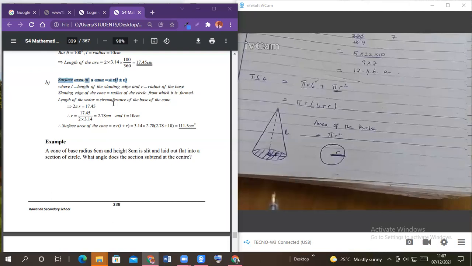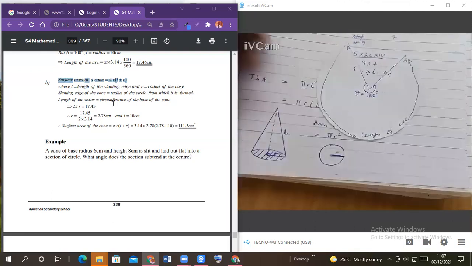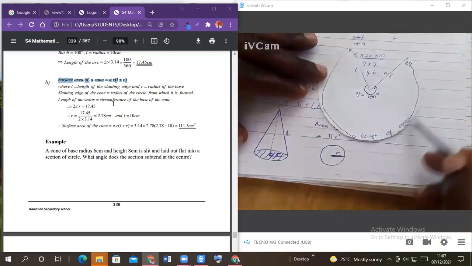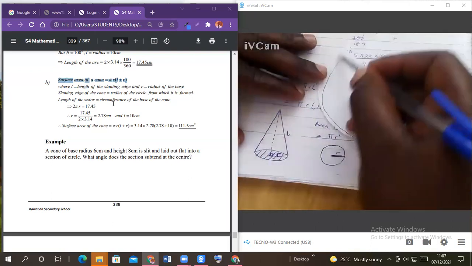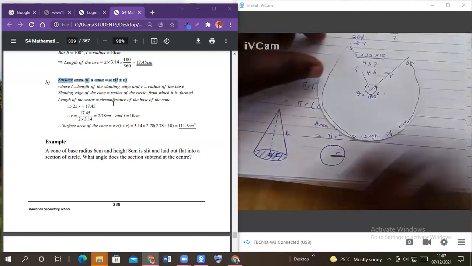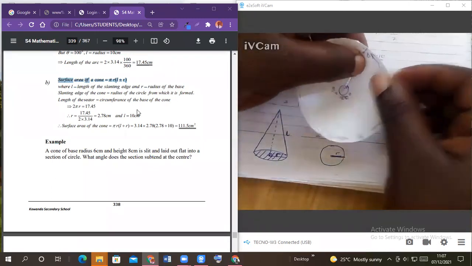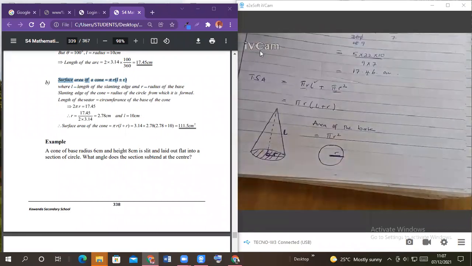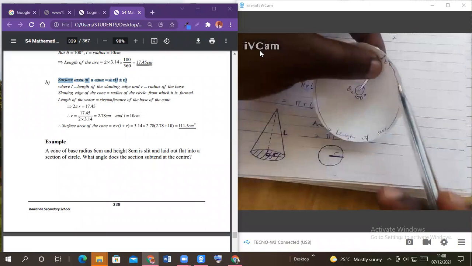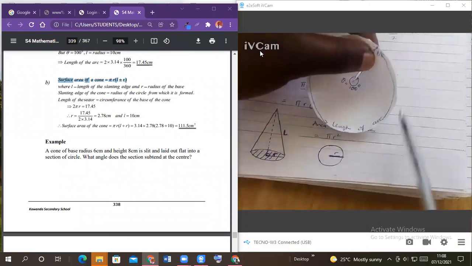The best thing is to use the circumference. You should know that this arc length is the circumference of the cone. If I curve it like this, you see it forms this circular part. That is the circumference of the base.